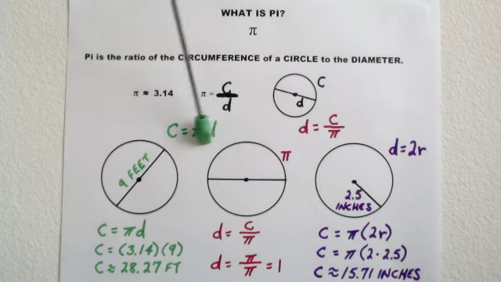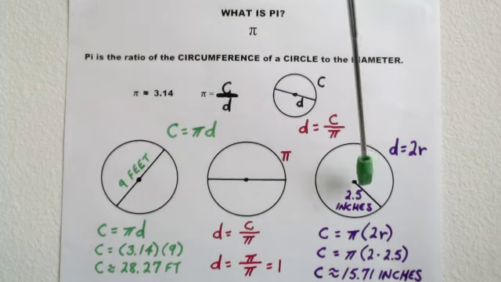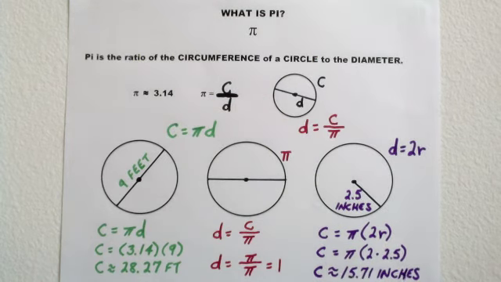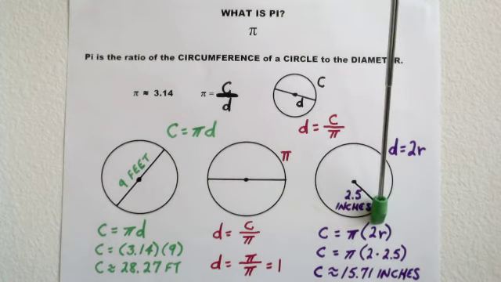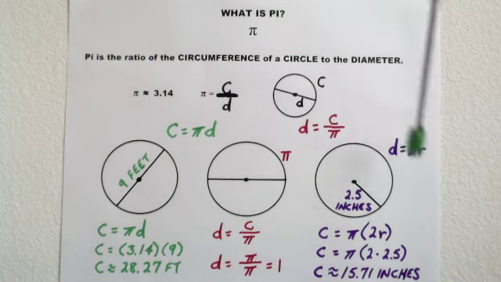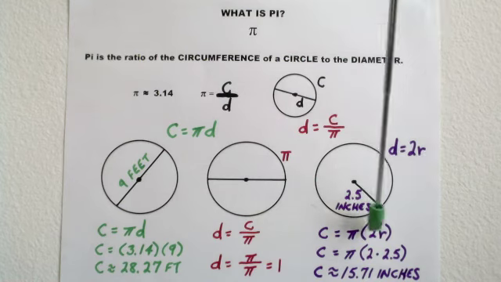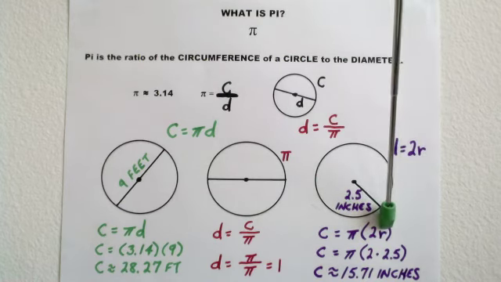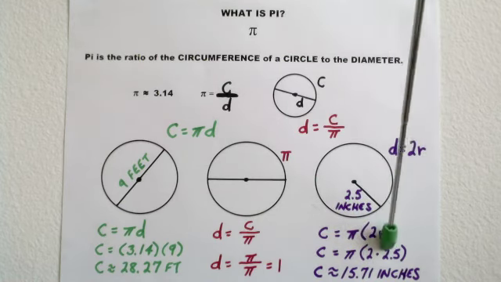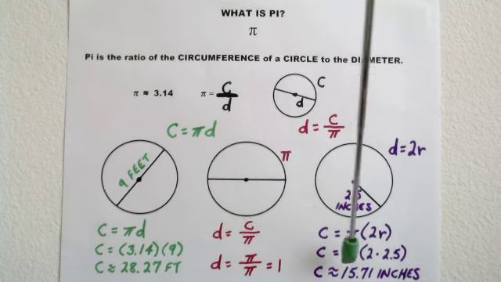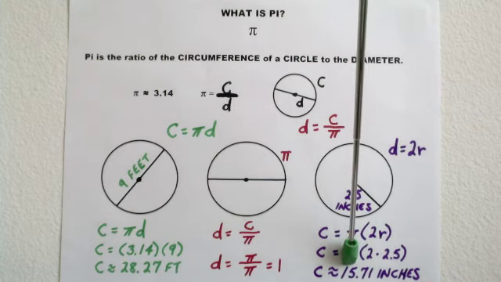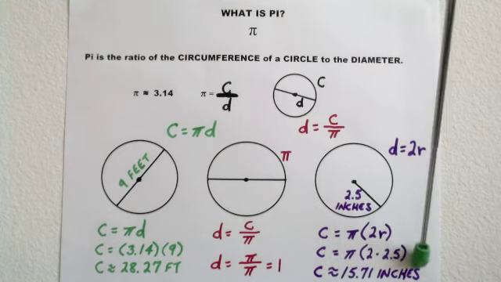I use this equation. So circumference equals pi times 5 inches, or 2 times the radius, which is the same as the diameter. 2 times 2.5 is approximately 15.71 inches. The units came from the units on the radius.